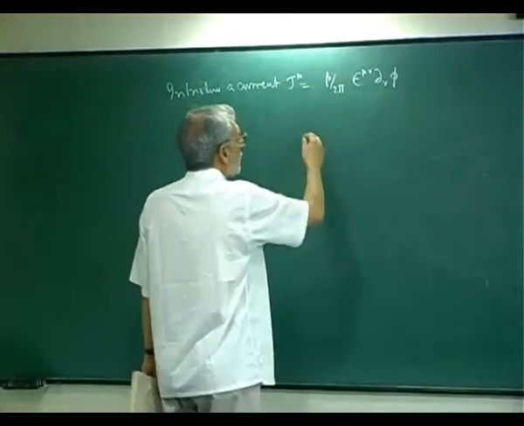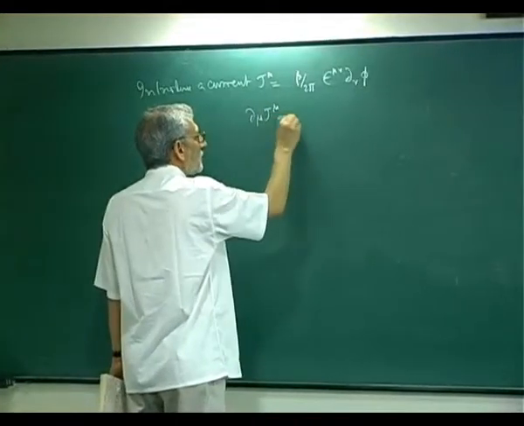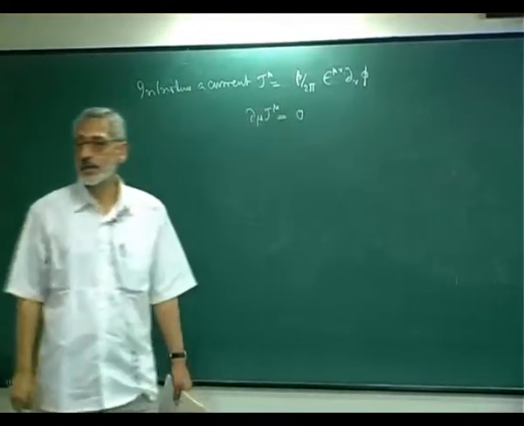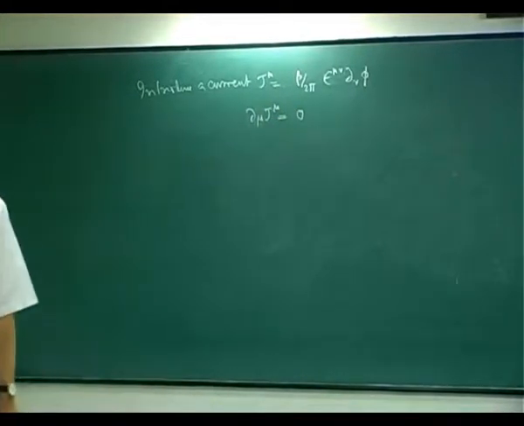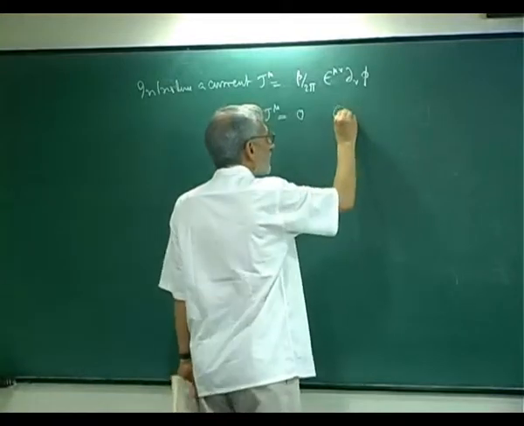And this current has a very interesting property: this current is conserved. The 4-divergence of this current is 0. It's a conserved current.